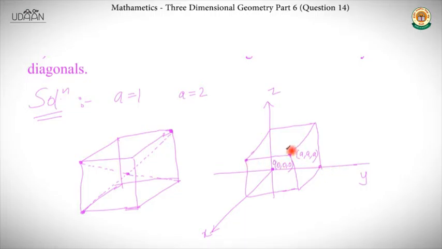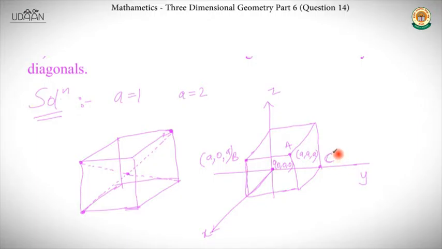Let's say this is O, A, and this is B, C. B has moved a units along the x-axis and a units along the z-axis, and 0 units along the y-axis. So the coordinates would be a, 0, a. It lies only in the xz plane, and the y component would be 0.